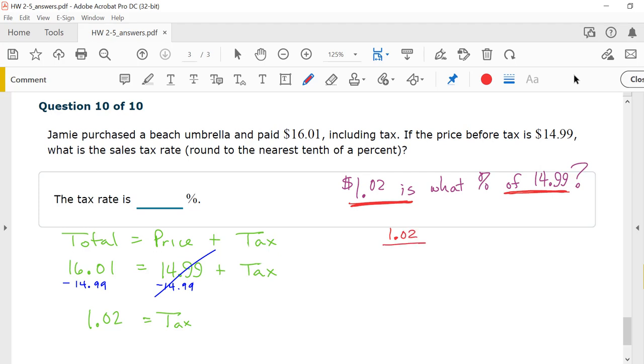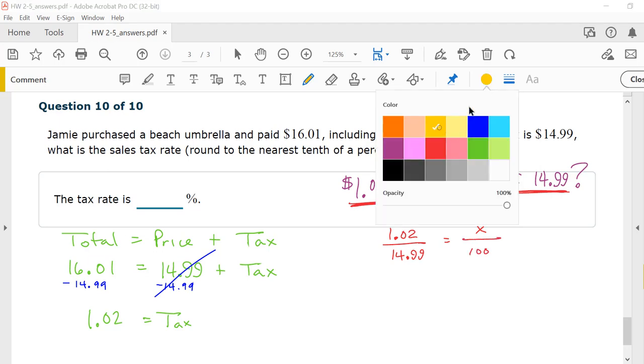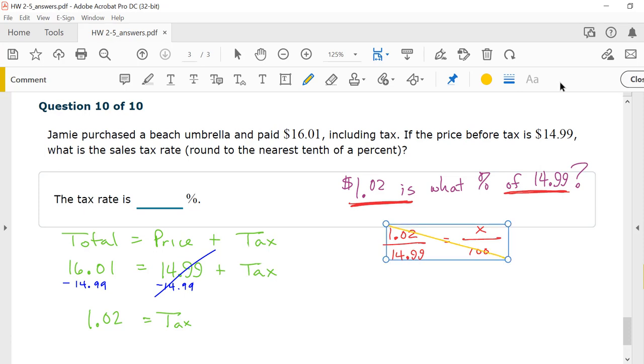Is over of equals percent, which is what you don't know, over 100. Cross multiply. 1.02 times 100 equals 14.99 times x.